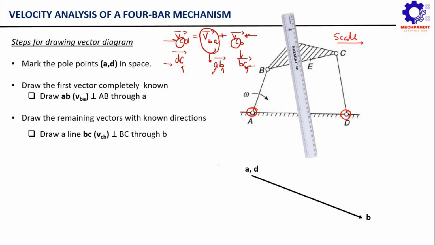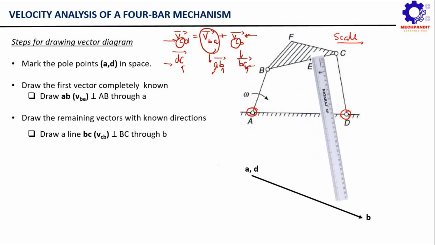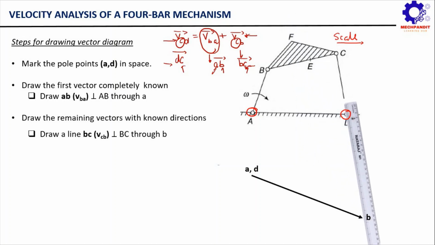We will keep our scale perpendicular to this side BC in the configuration diagram, and then we are going to simply drag this scale to point B in the vector diagram. Very simple. Now once we have done that, what is our next step? Our next step is simply to draw a line through this point B. So right now we are arbitrarily going to draw a line through this point B.